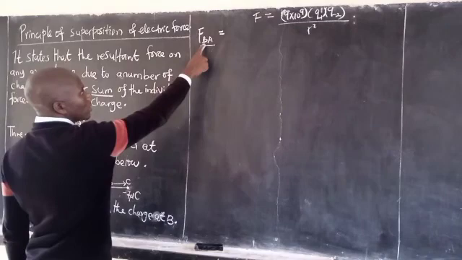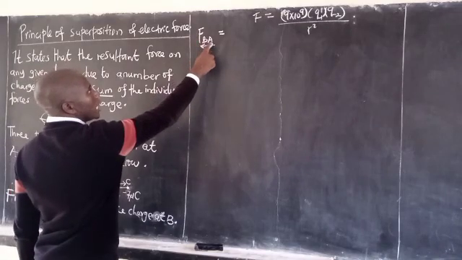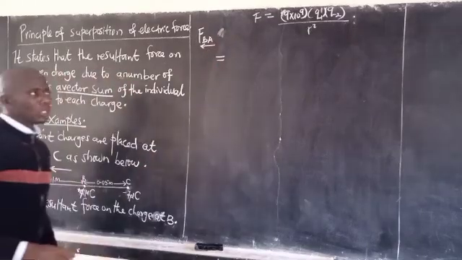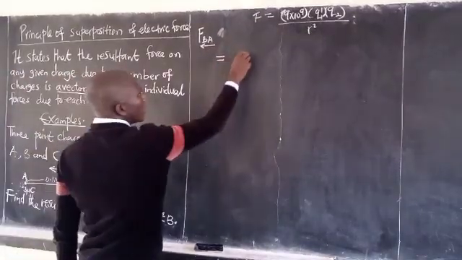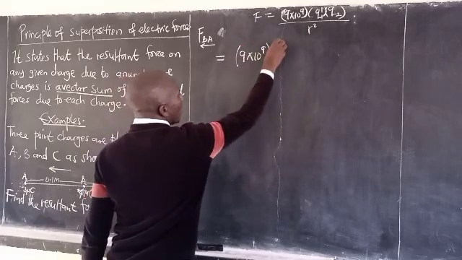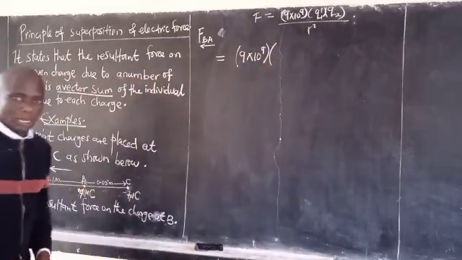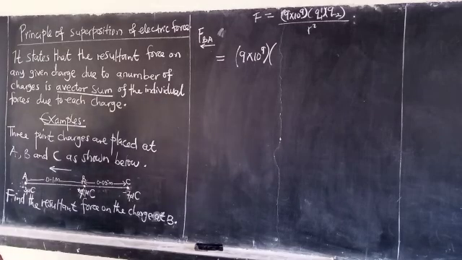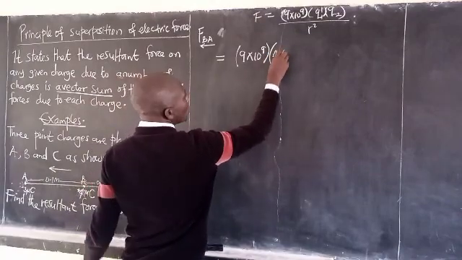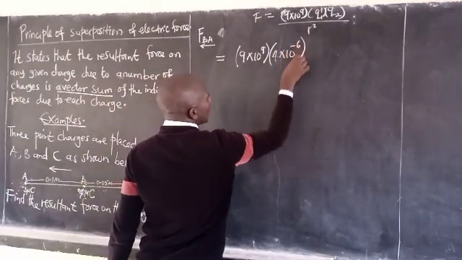Therefore, the force on B due to the charge at A will be equal to 9 exponent 9. That one came from 1 over 4 pi epsilon naught. You can check in the previous lessons. Then charge 1 is now this charge 4, in microcoulombs, so that is exponent -6.